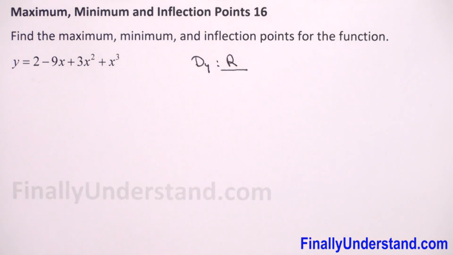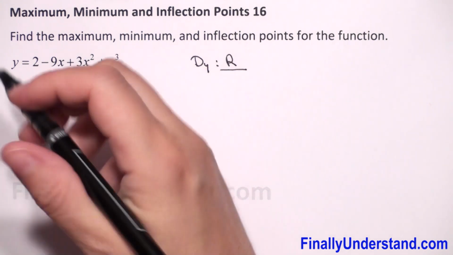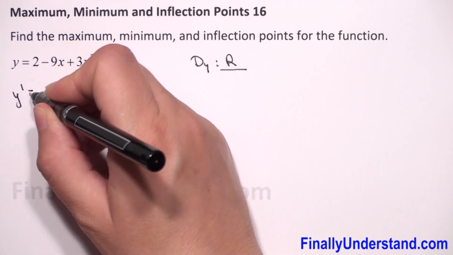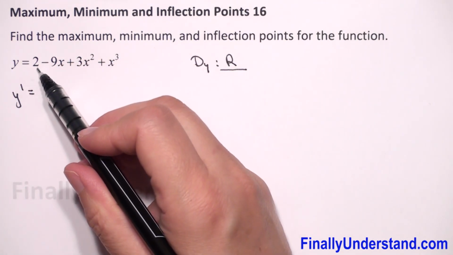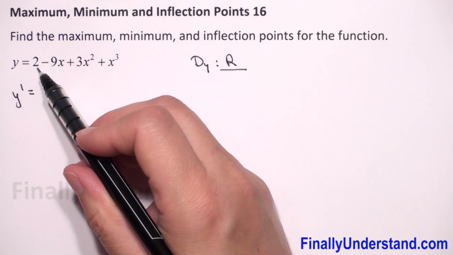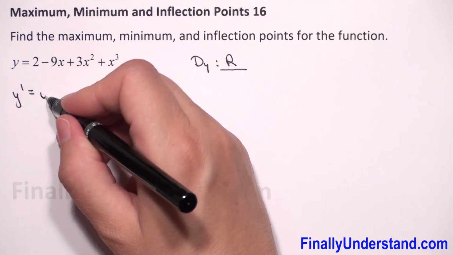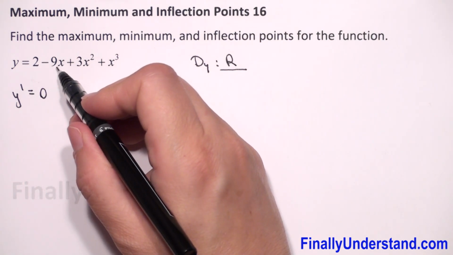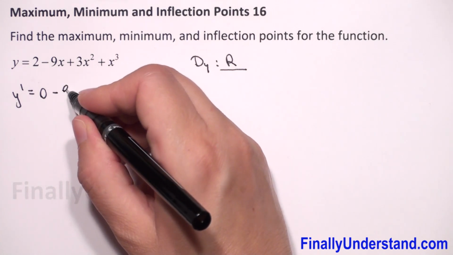When we have the domain, we need to find critical points to find if our function has a maximum and minimum. To find critical points, we need to find the first derivative. So the first derivative: the derivative of a constant is 0. The derivative of negative 9x is negative 9.